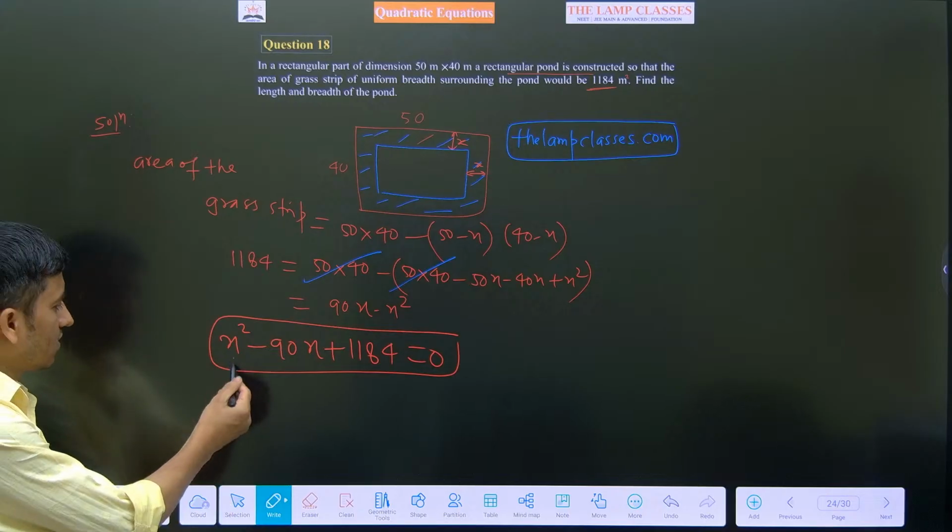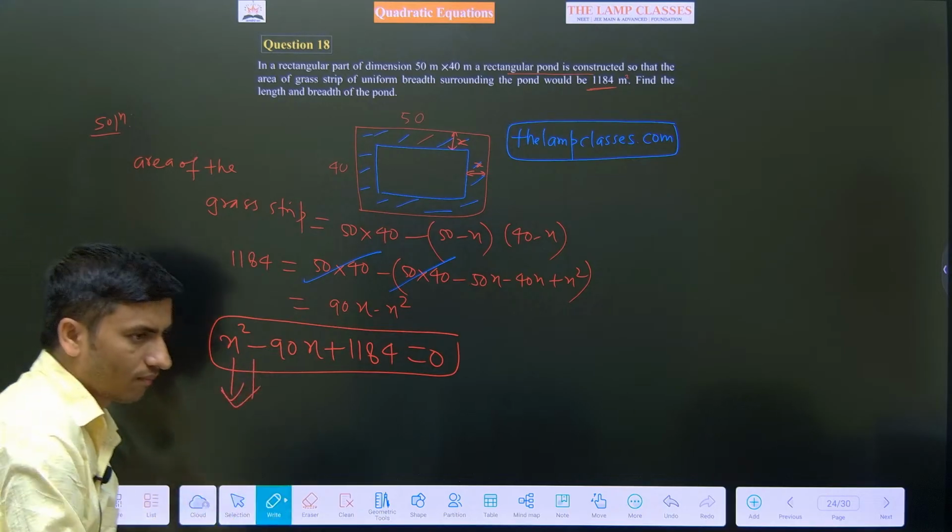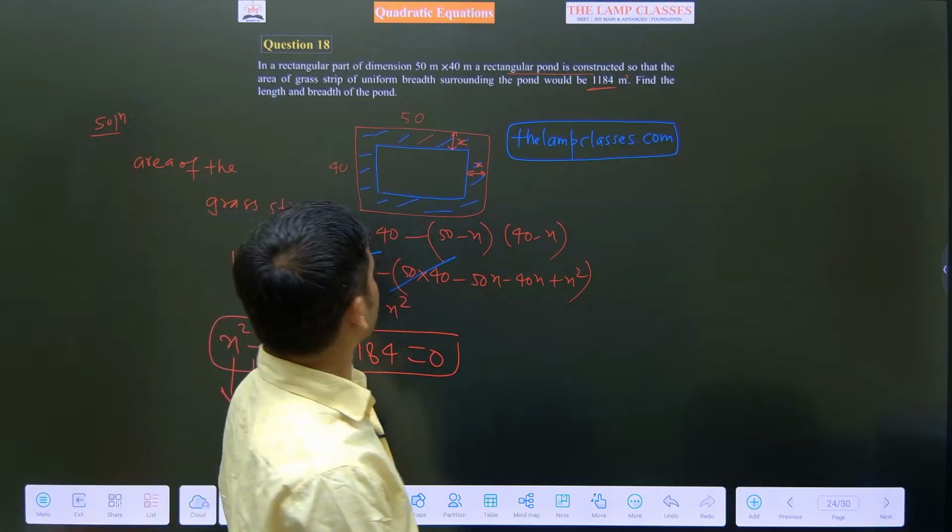Tell me the final answer after this, guys, and check if you are getting the same quadratic equation.